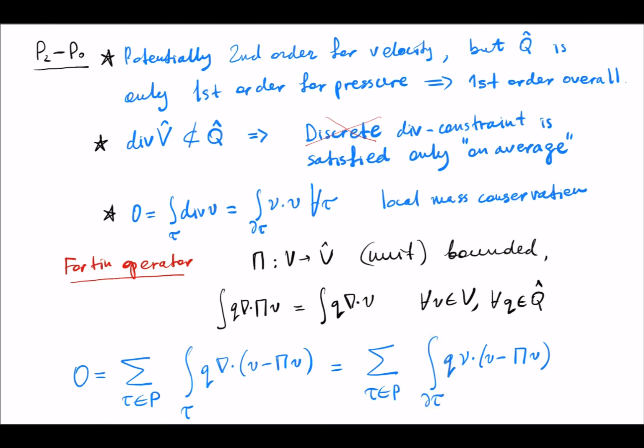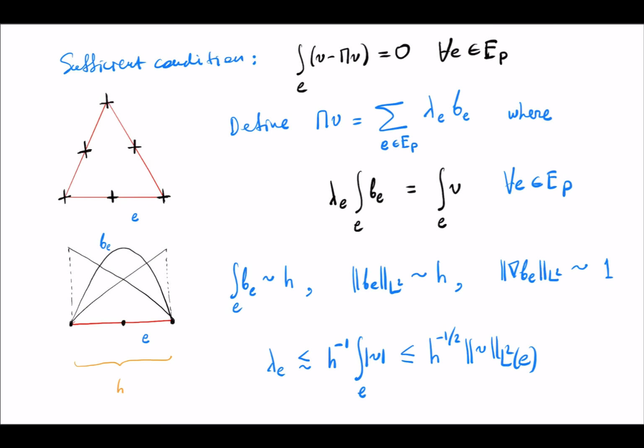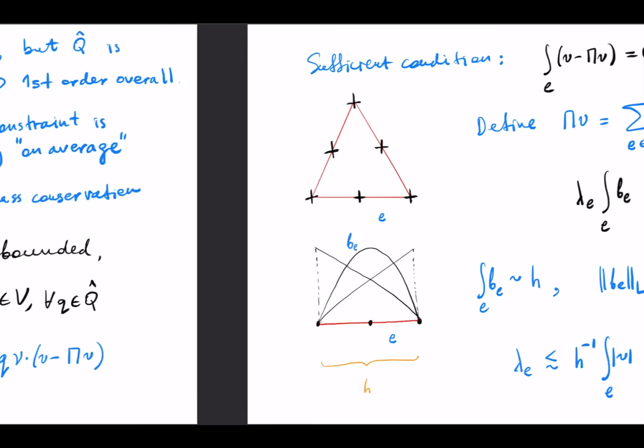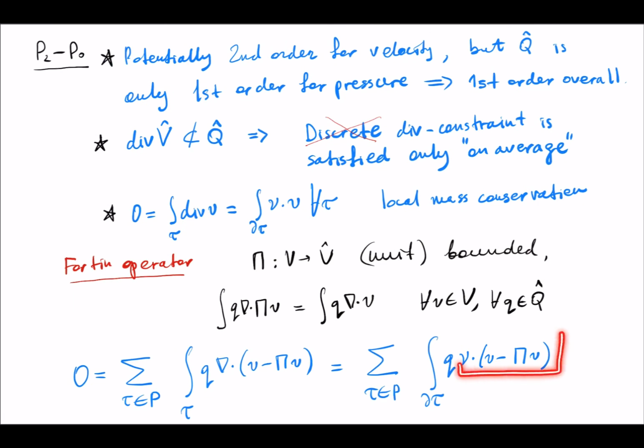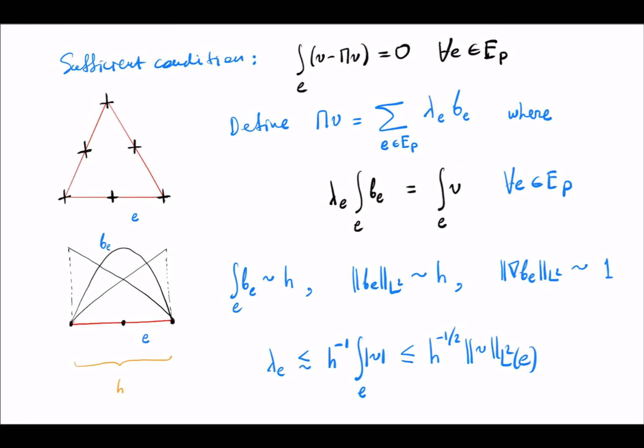That would ensure that pi is a Fortin operator. In particular, a sufficient condition would be, instead of ensuring that the normal component of this difference is 0, we can ensure that the whole difference itself is 0 over each edge. That will ensure that we have a Fortin operator.